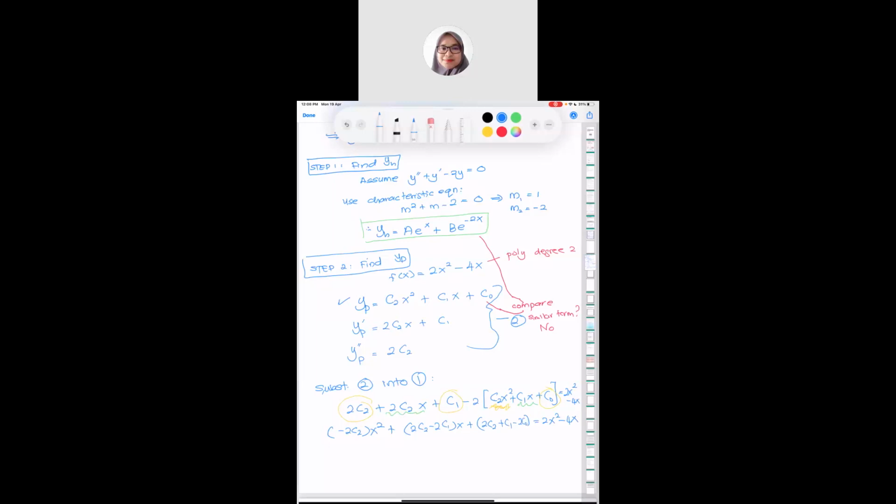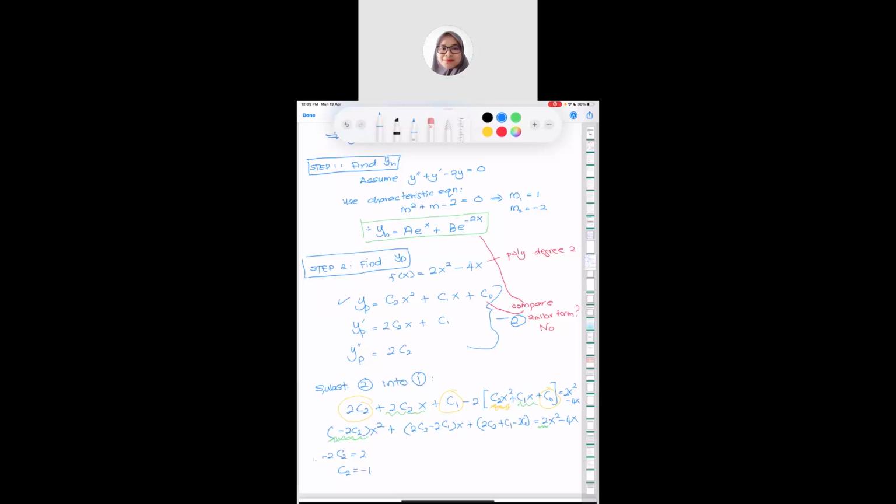Okay, so kita samakan kita punya value kat sini. Okay, therefore negative 2C2 equal to, okay, so kita compare coefficient. Coefficient untuk X squared kat sini. Okay, so negative 2C2 equal to 2 implies that C2 equal to negative 1.